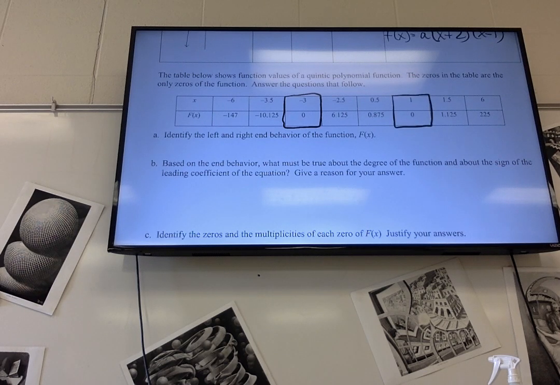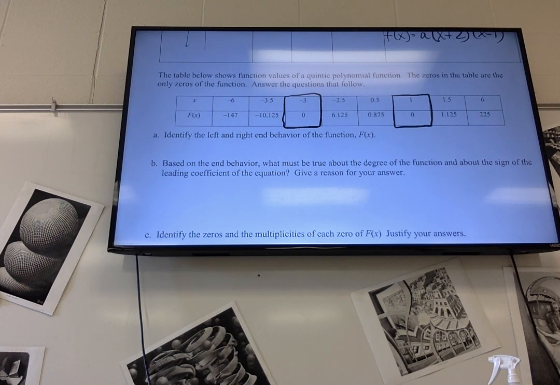I know those are 0 because the y coordinate is 0. No zeros have a multiplicity greater than 2, so either the multiplicity is 1 or 2. Those are our only options. And then we're going to answer the questions that follow.